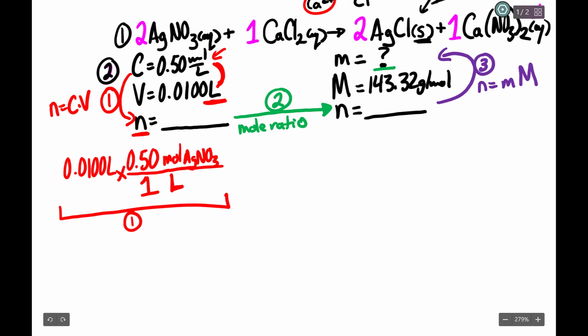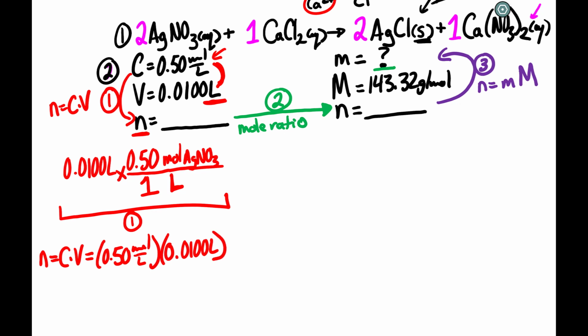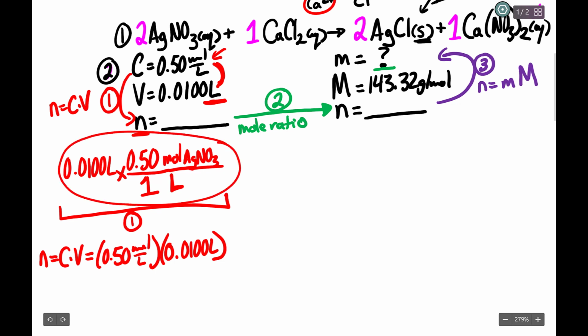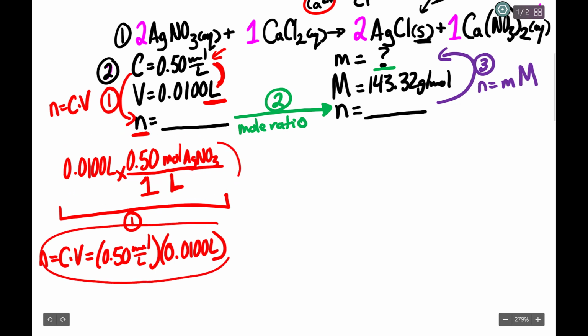As an equation, I would simply write moles is equal to C times V. I plug in the concentration, 0.50 moles per liter times 0.0100 liters. Okay, so both of these are exactly the same thing. This is exactly the same as that.